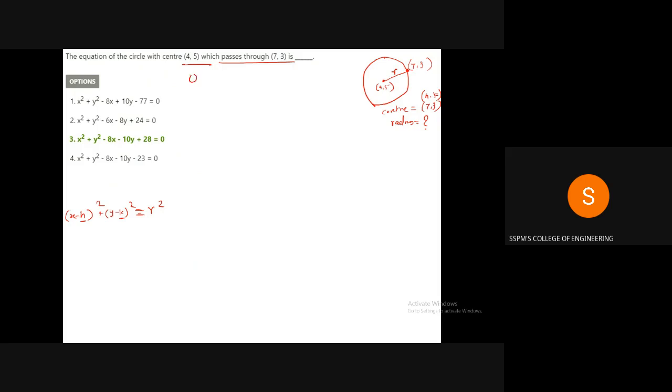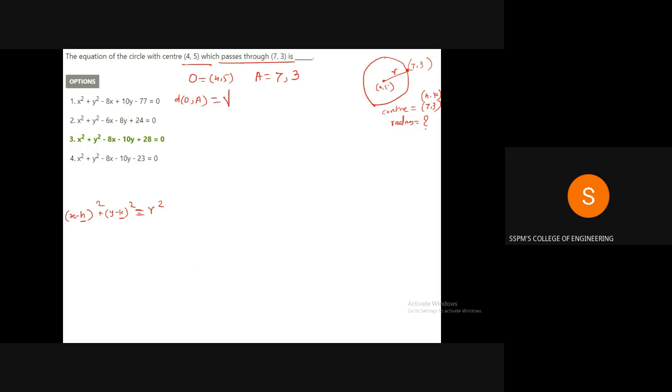Okay? So suppose O is equal to 4, 5, and A is equal to 7, 3. We have to find the distance between O and A. The distance OA is the radius.